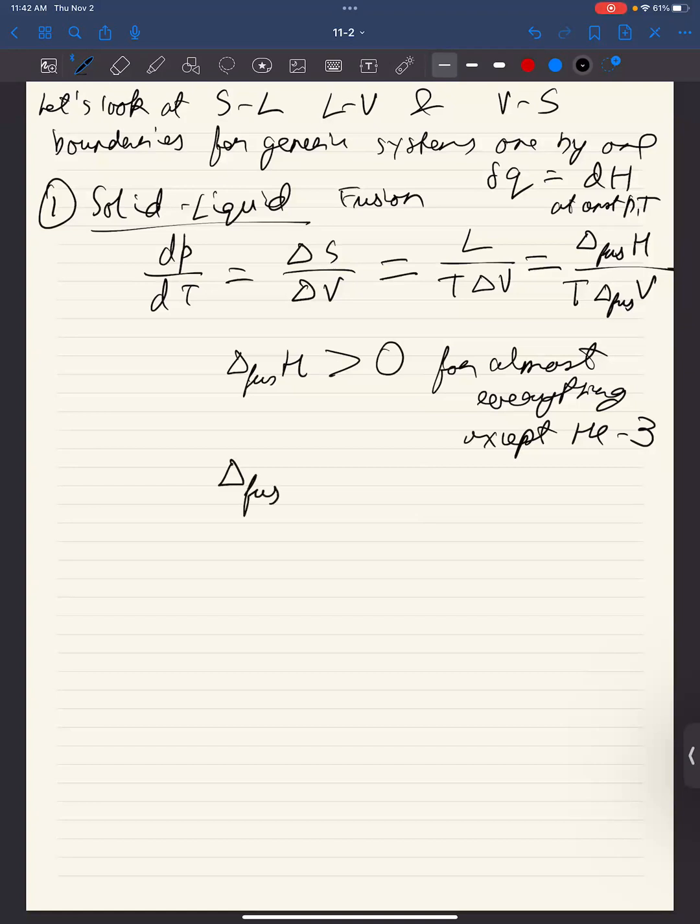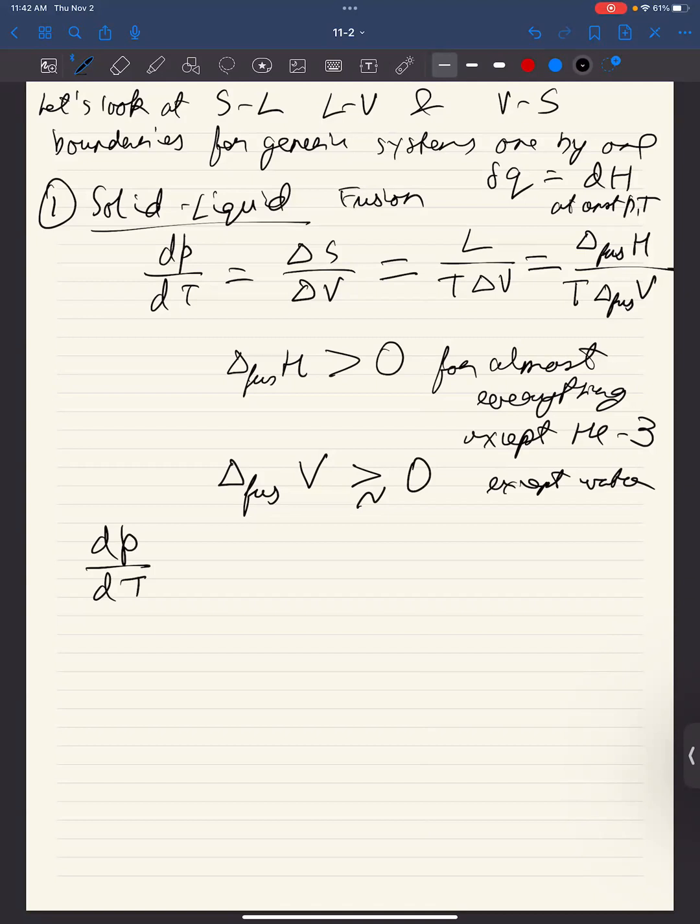And delta fusion V is also generally positive except water, okay? So what does this tell me about dP by dT for most materials except helium-3 and water? Is it going to be positive or negative?